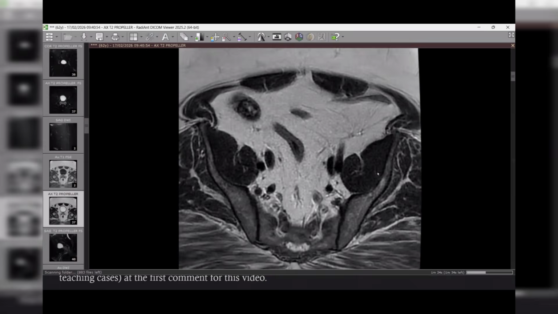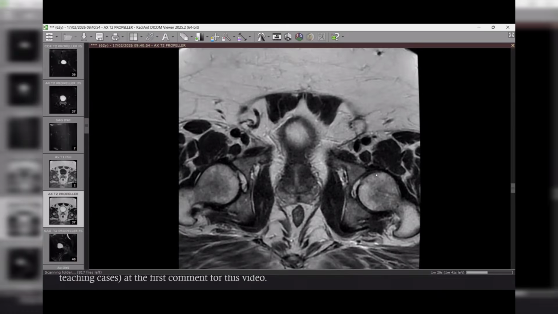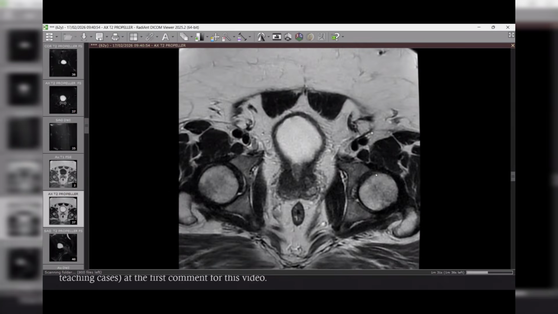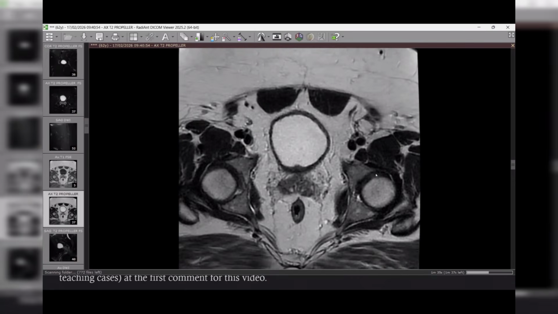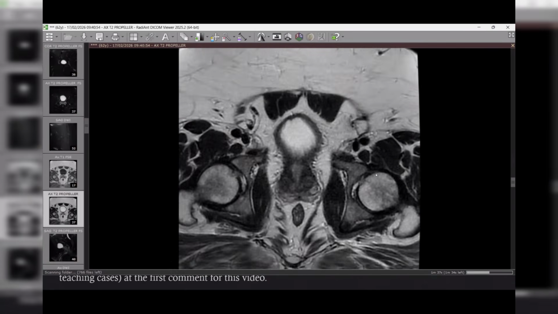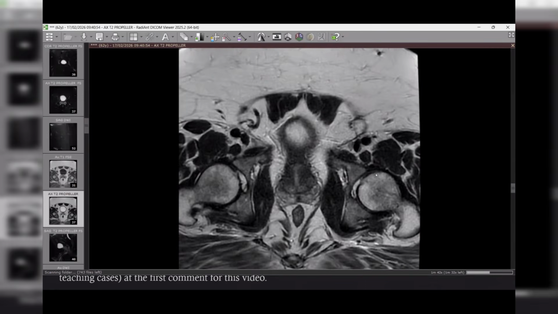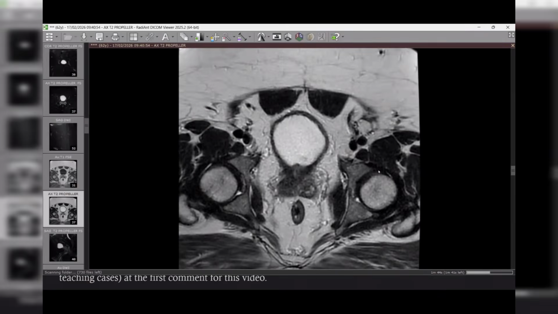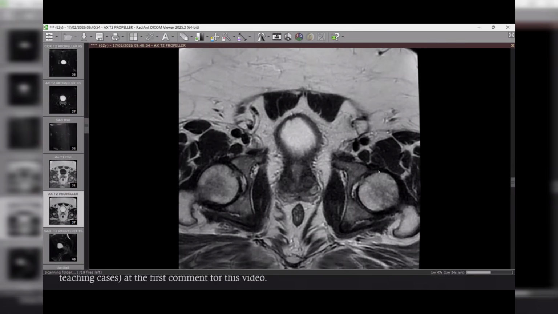In the prostate, I can appreciate a subtle hyperdensity in the left lateral peripheral zone. I want to see this on the diffusion restricted images to rule it out.